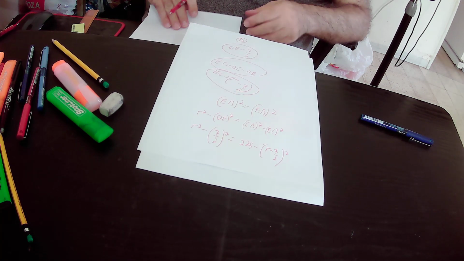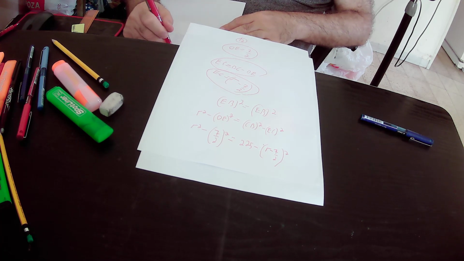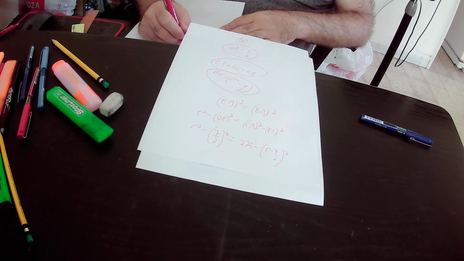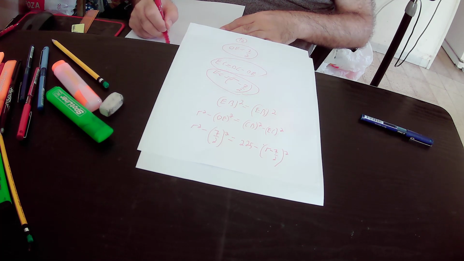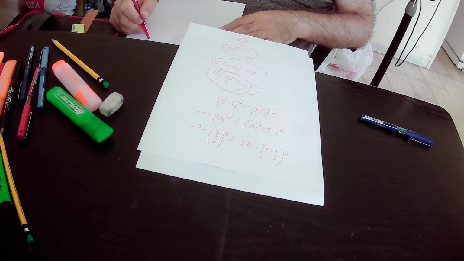We get R square minus 49 over 4 equals 225 minus, and R minus 7 over 2 square is R square plus 7 over 2 square, which is 49 over 4, minus 2 times R times 7 over 2.